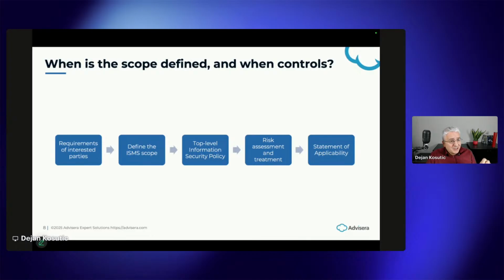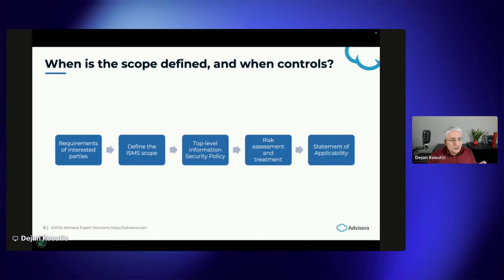Okay, and basically the criteria to define which control is applicable and which is not is based on the risk assessment. So if you have high risks, then you have to apply controls, but you also have to take into account the requirements of interested parties that I've displayed here in the first step. Okay, so these are the two most important inputs when you define which controls are applicable, and this is done in the statement of applicability.